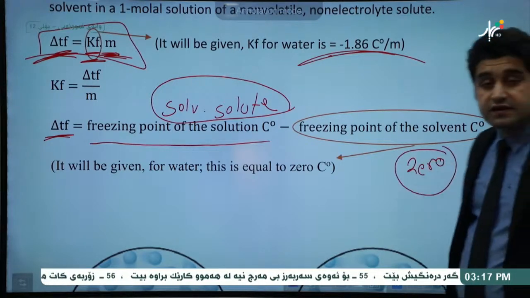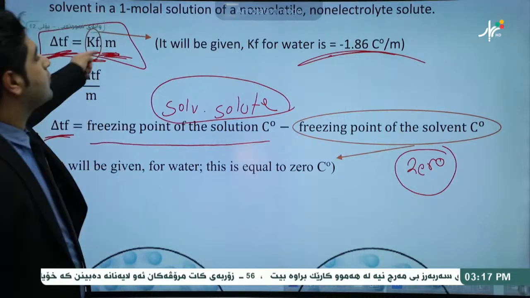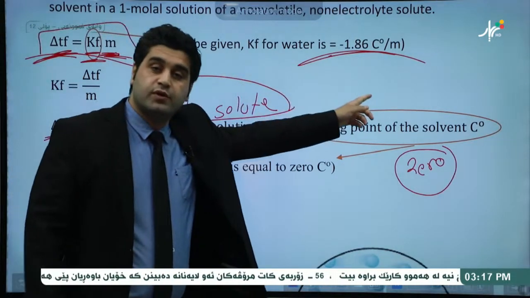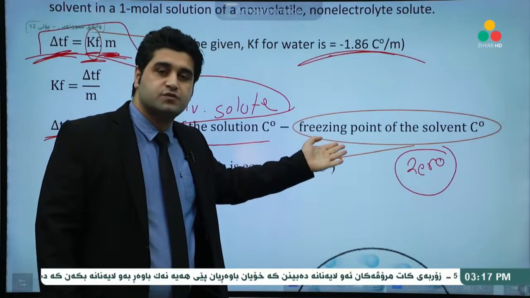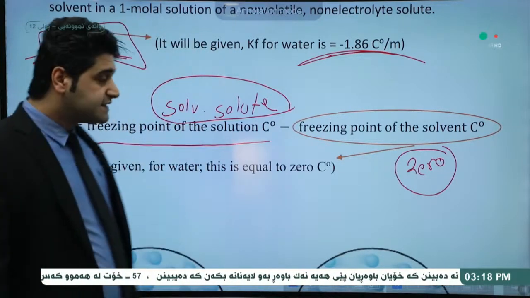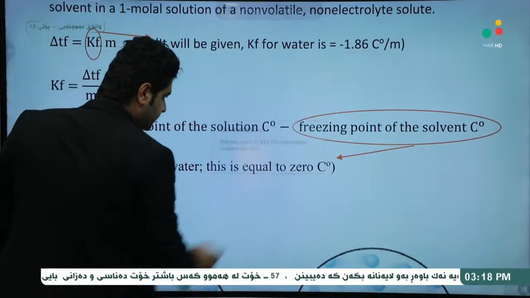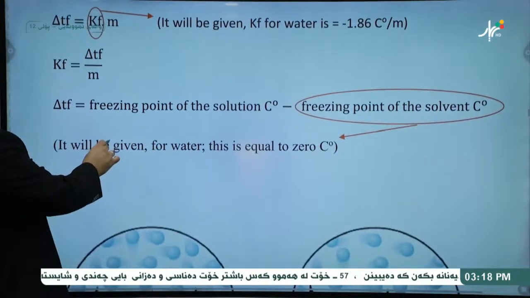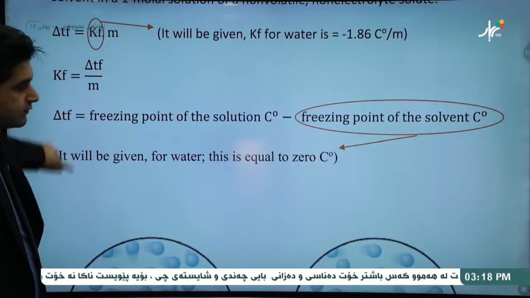Now we have two things to memorize: Kf for water is equal to minus 1.86, and pure water freezes at 0 Celsius. So the equations are just those two.